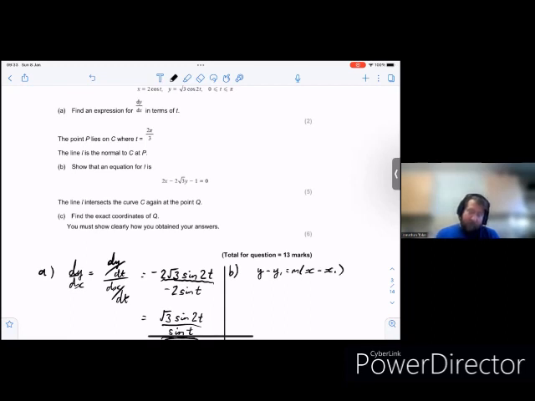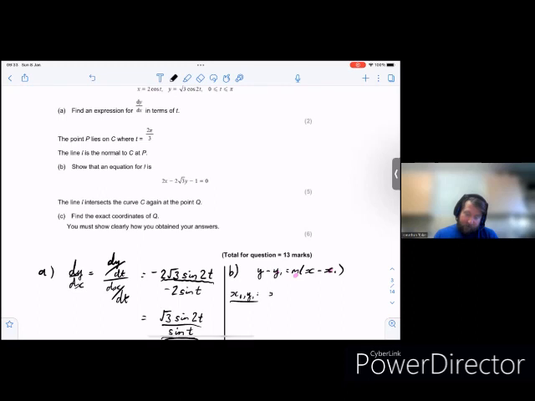Now, we need y1, x1, and m. They haven't given us any of those terms. So to find x1 and y1, we use the fact that t equals 2 pi over 3 and sub it in to the definitions.